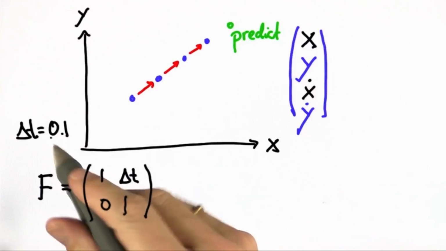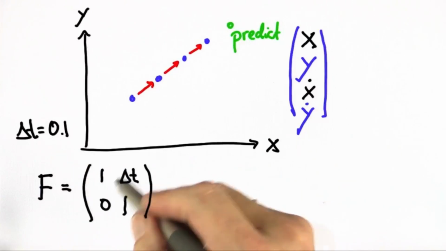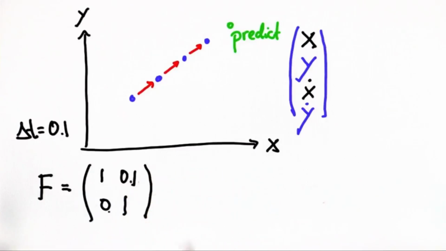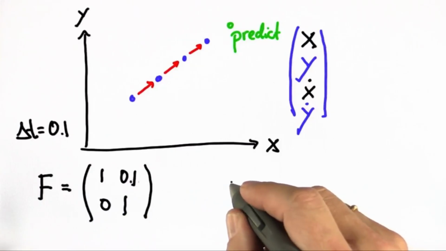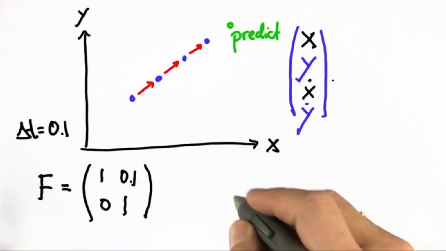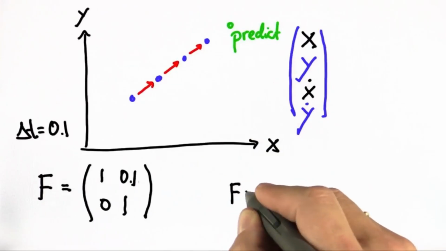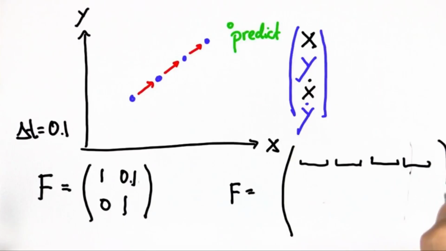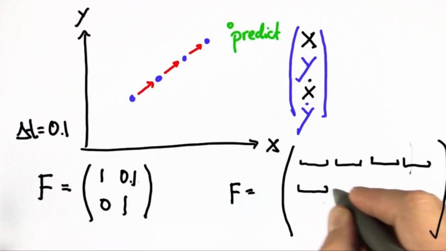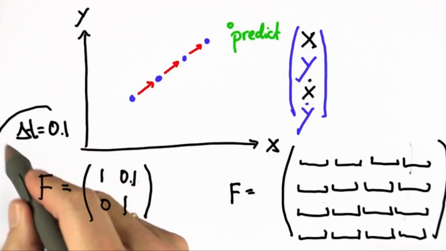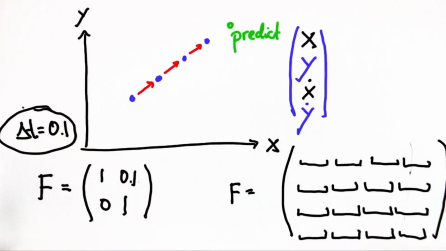And we could now place 0.1 instead of the delta t to get this specific F matrix. Now I want to know from you, for this new 2D case with a 4-dimensional state vector, what is the new F? This is a 4x4 matrix, so I want you to fill in all of those values. Again, please assume that delta t equals 0.1. And don't write delta t, write 0.1.